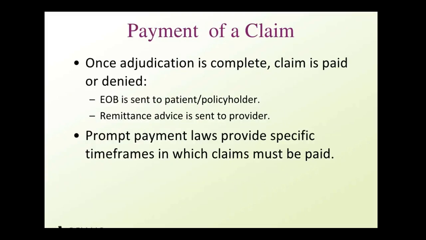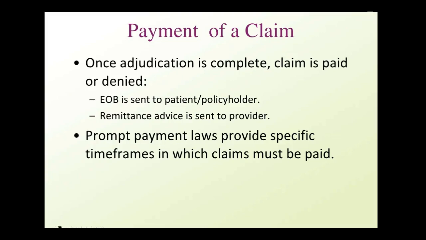For payment of a claim, once the adjudication is complete, the claim is paid or denied. Then an EOB, which is an explanation of benefits, is sent to the patient and the policyholder, because as a patient you would want to know whether your claim was paid as well.